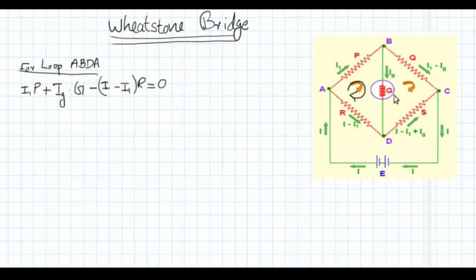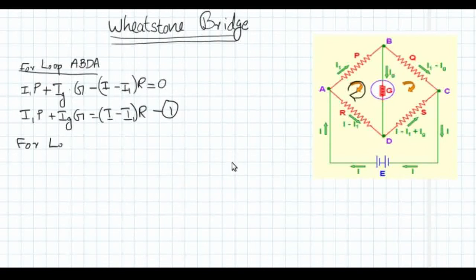The resistance of the galvanometer is represented by this G. So I into R means Ig into G. That is why it is Ig into G. Now this can be rewritten as I1P plus Ig into G is equal to, taking this negative term to the other side of the equation, plus I minus I1 into R, and let this be equation 1.